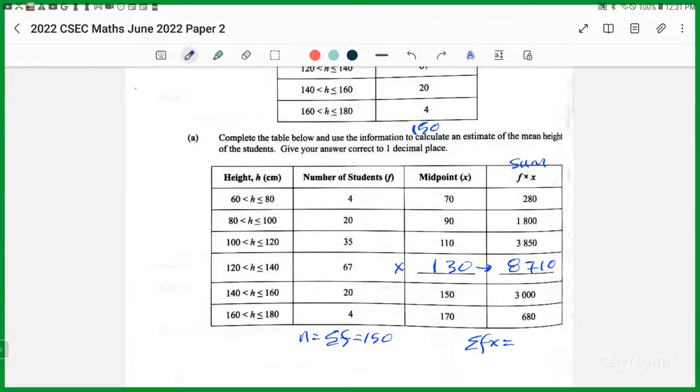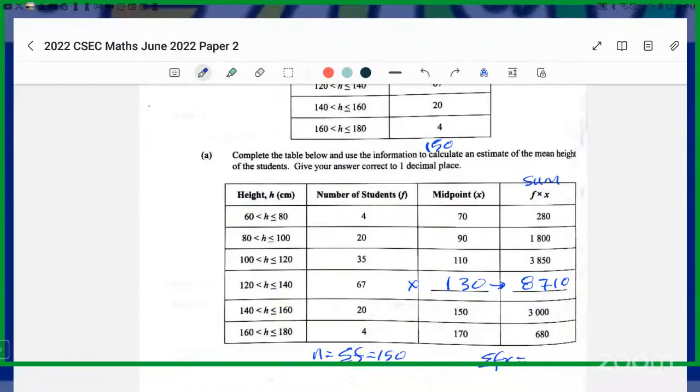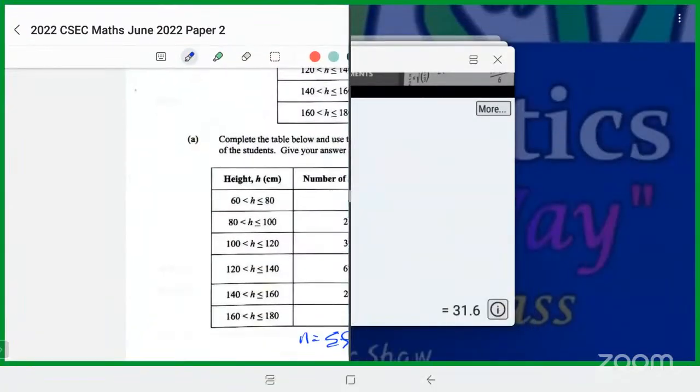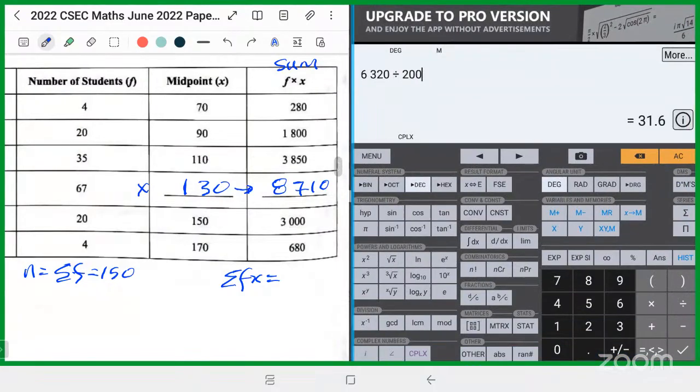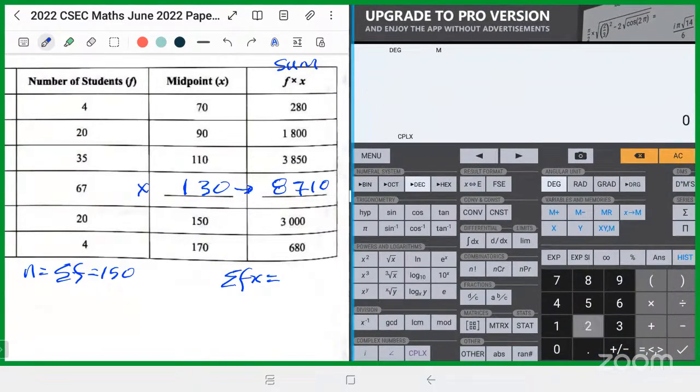Let's just work it out from now. Let me get a calculator and show it. I know we're going to need that figure, so it makes sense. You need to find the mean. Let's add them up. So it's 280 plus 1800 plus 3850. I'm adding up all these values, guys.